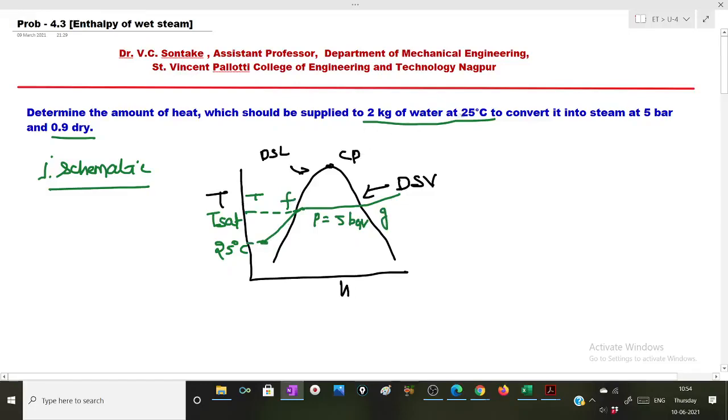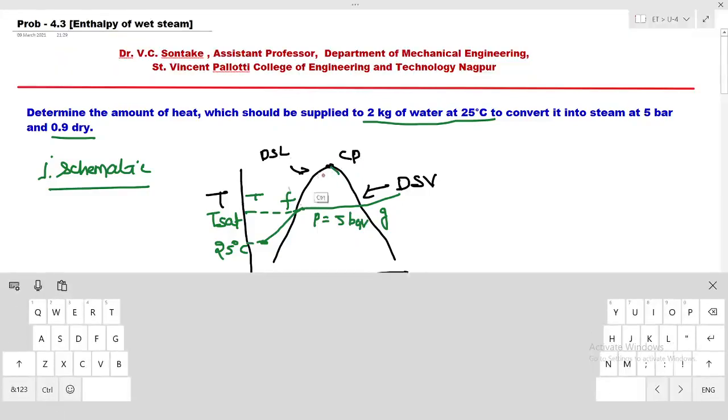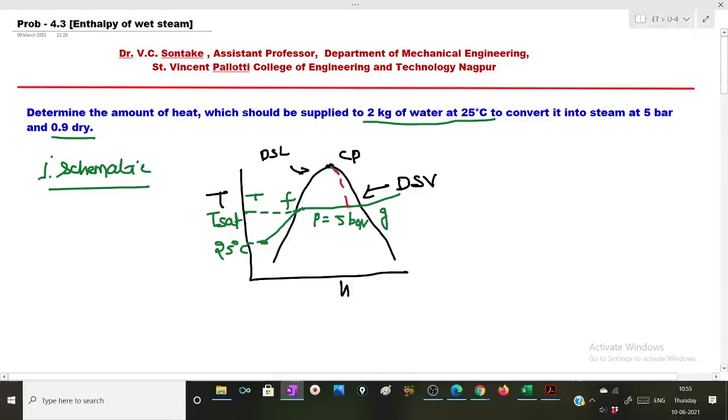So 2 kg of water initially at 25 degrees Celsius. We are supposed to calculate the heat which will be required to convert this 25 degrees Celsius water into steam having dryness fraction value of 0.9. So this is the condition of our steam in the given problem.